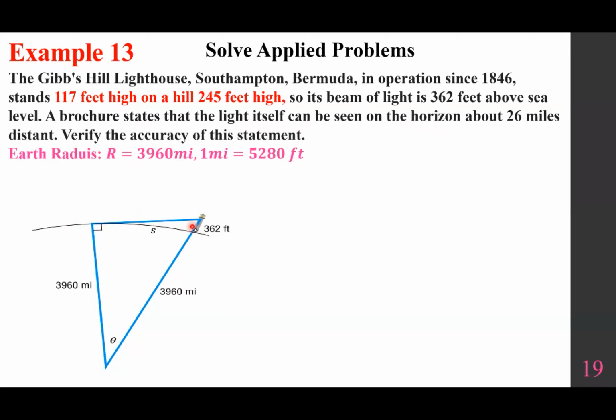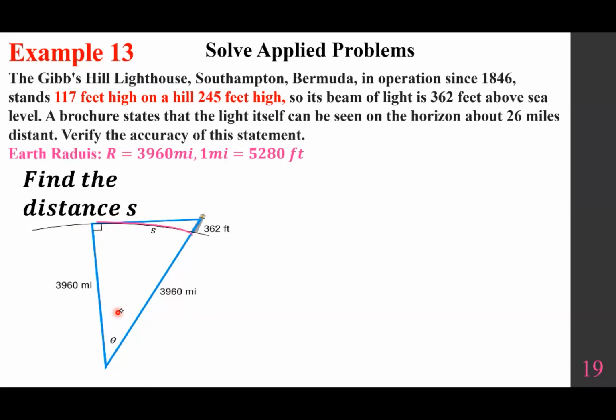So what are we looking for to verify that? We are looking for this distance S equals r theta. We are looking for this distance S, the arc length, which is r theta. That's what we are looking for. So we are looking to find theta.